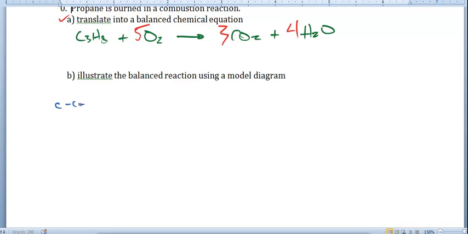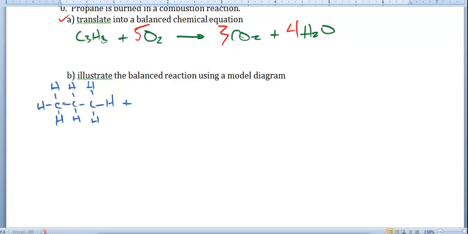Now if you don't know the molecular structure of propane, we've talked about it a fair amount this year. It should kind of be in your head, but you can always just look it up. Just do a Google search or whatever, and you'll find it.